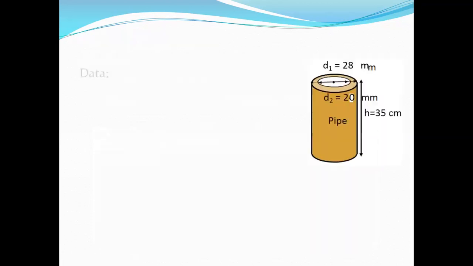The data will be: the external base radius will be 28 divided by 2. Why? Because here diameter is given, so we have to convert it into radius. So 28 divided by 2 will be 14 millimeter.